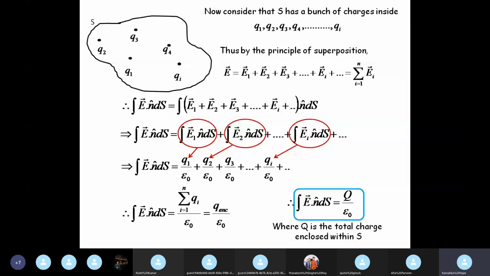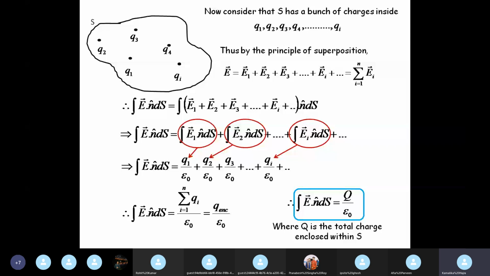So if you are asked to prove Gauss's law, say the question is like this: state Gauss's law, prove Gauss's law for an enclosure with surface area S and volume V. Then whatever is there in these two slides together, that you have to give.